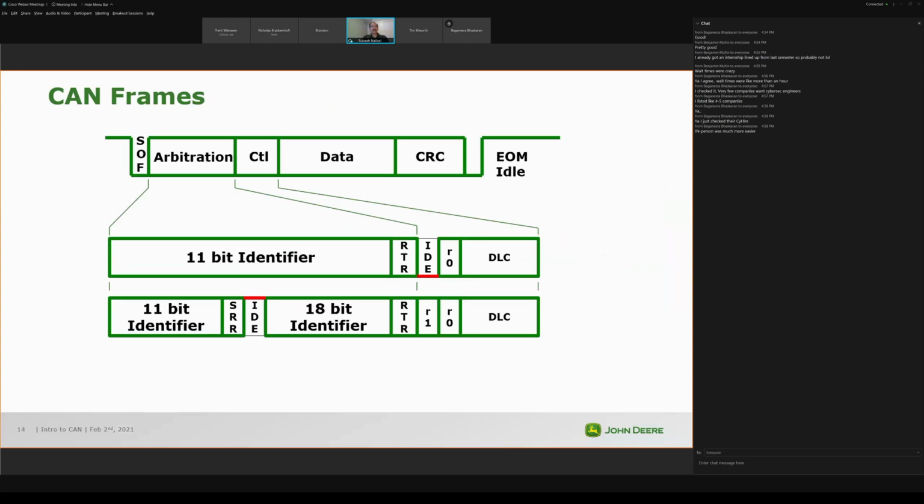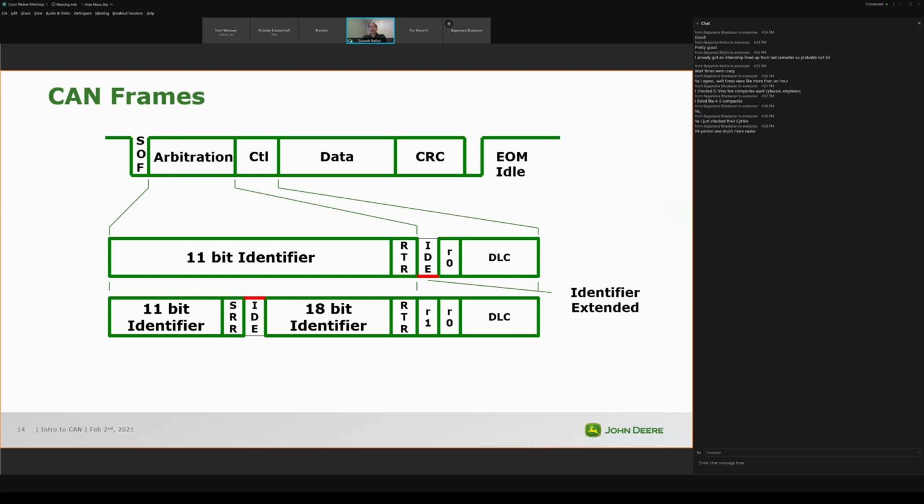So looking at the CAN frame, you have a start, arbitration, control, data, and CRC or the trailer. Here's an example of an 11-bit identifier and a 29-bit identifier. The big difference here is the identifier extension. To begin with, the frame looks no different between an 11-bit identifier and a 29-bit identifier, and the only difference is that IDE bit, 0 versus 1.